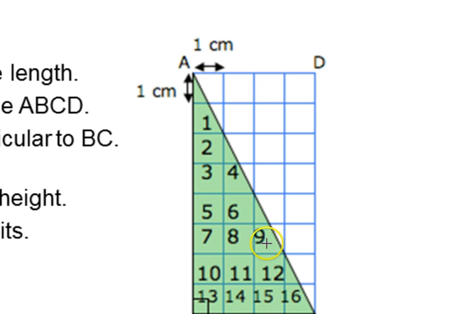So that's number 9, 10, 11, 12, 13, 14, 15, and finally 16 with this portion here. Push it down here. So we have exactly 16 squares in this whole triangle.